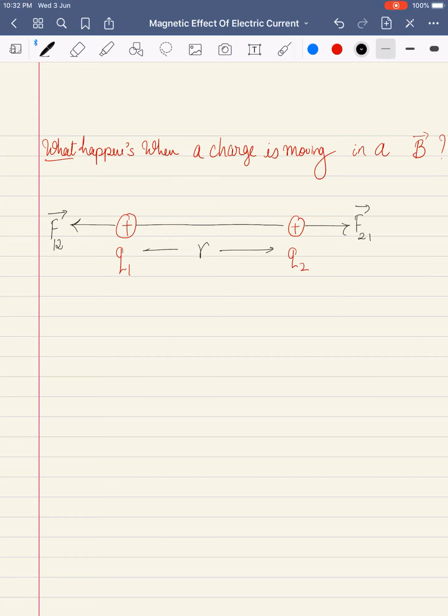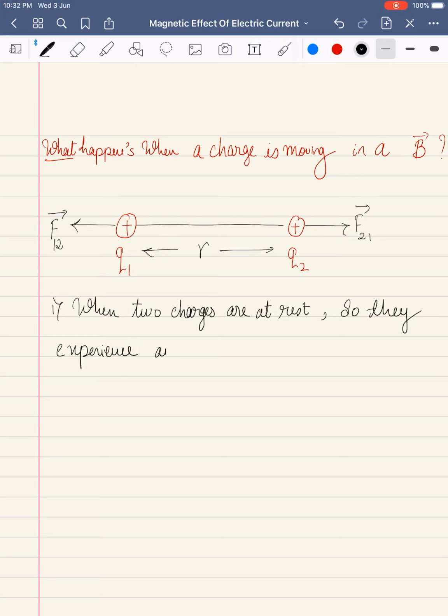Okay, whereas when I say about one of the charge, so basically this force is nothing but the electrostatic force of attraction or repulsion. So when two charges are at rest, they experience an electrostatic force of repulsion.